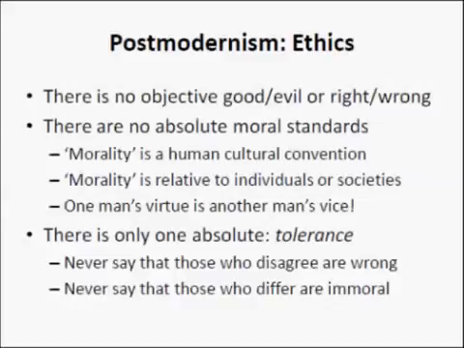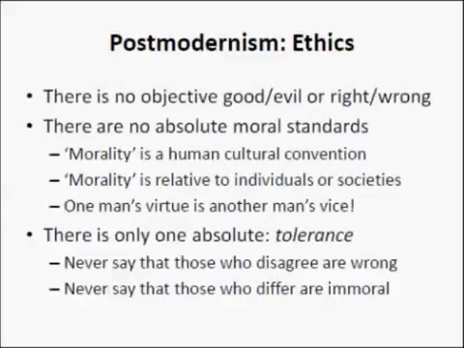So for the postmodernist, really as for the naturalist, there is no objective distinction to be made between good and evil, between right and wrong. There are no transcendent, out there standards of good and evil, right and wrong. There are no absolute moral standards.